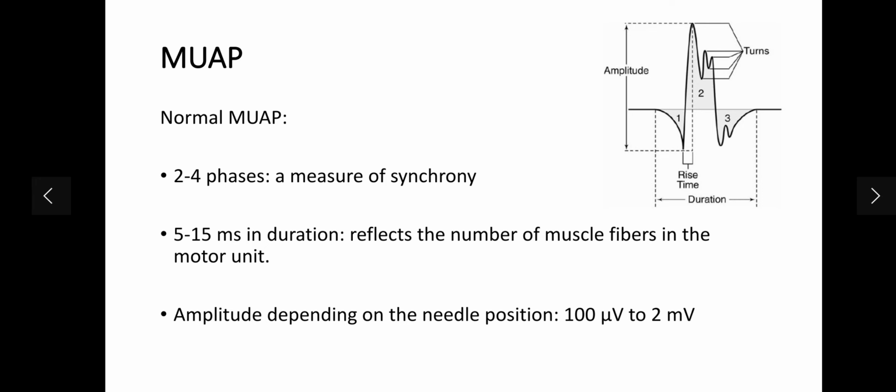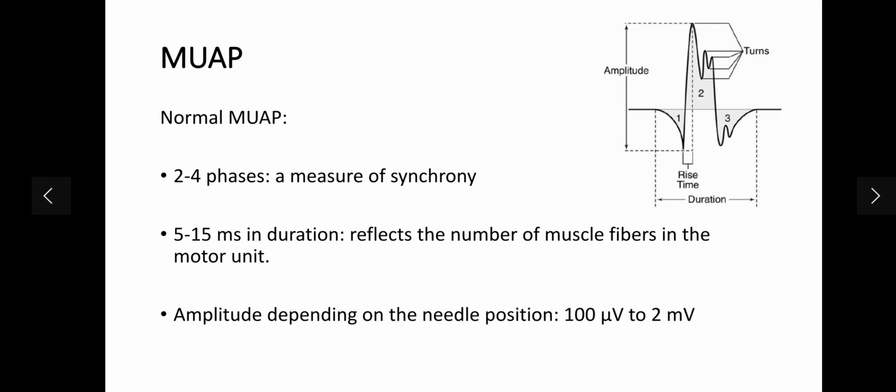Hypothetically, if all the muscle fibers in a motor unit fired exactly at the same time, the number of phases would be very similar to a muscle fiber action potential. But because they don't fire exactly at the same time, you expect some variation in synchrony, and that's why you have phases in the motor unit action potential. If the number of phases is more than 4, you can think about some abnormality of the motor unit, because there is a greater degree of asynchrony.